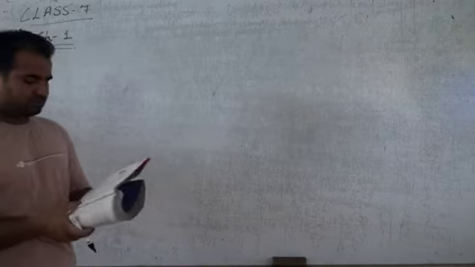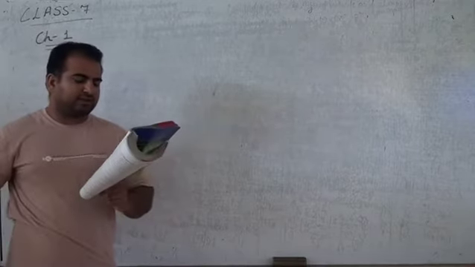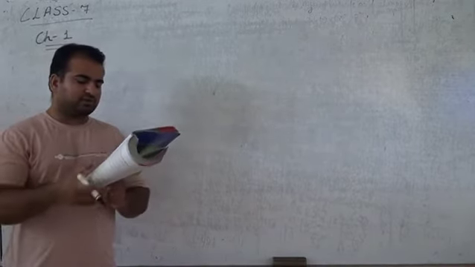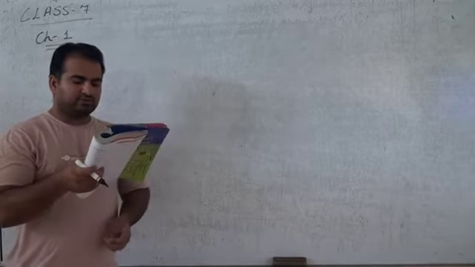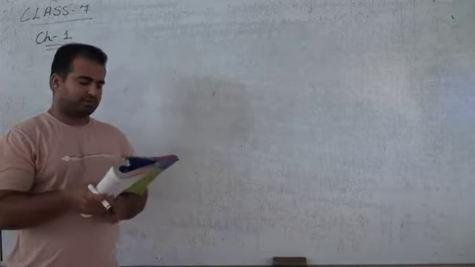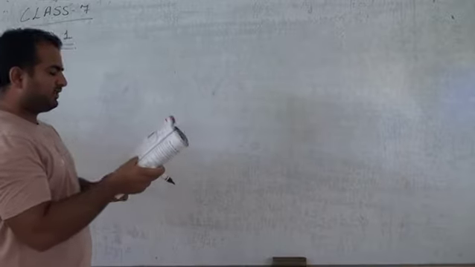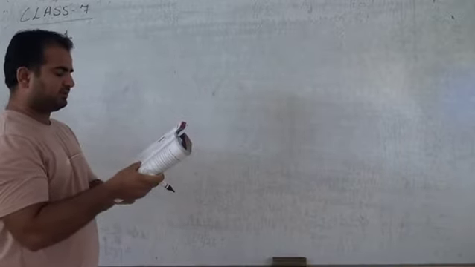Question number 2 is: verify that A divided by B plus C is not equal to A divided by B plus A divided by C. The condition is given and the values of A, B, C are also given.